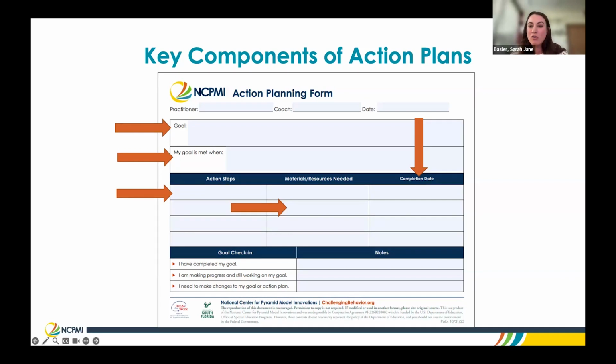It was also very overwhelming to coaches to have a blank plan. They didn't know where to start, and it was taking them a long time to think about how they were going to word these things. And so we decided that coaches needed a little bit more support.